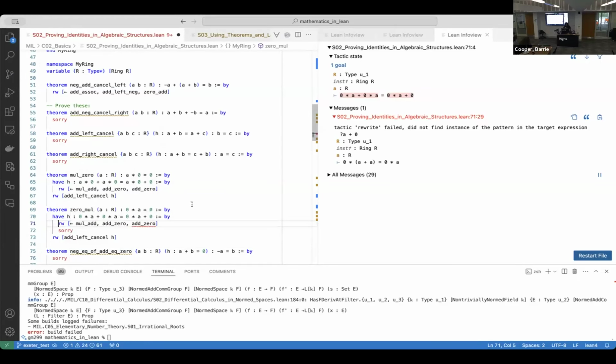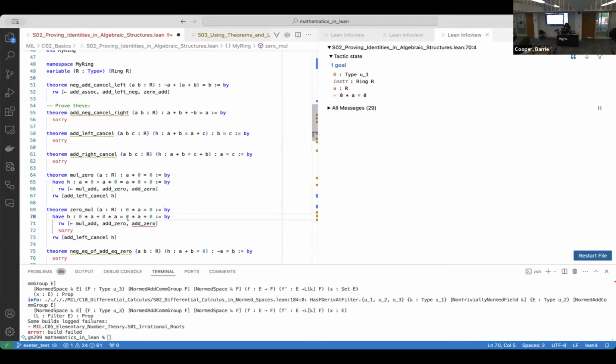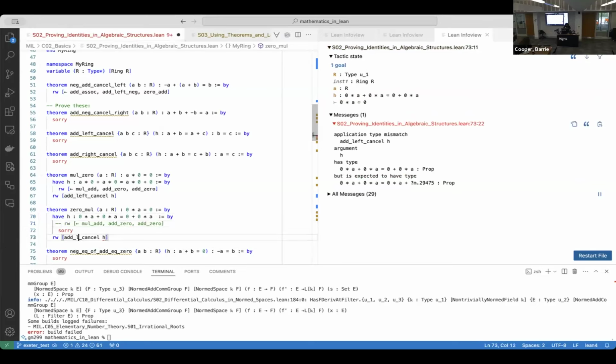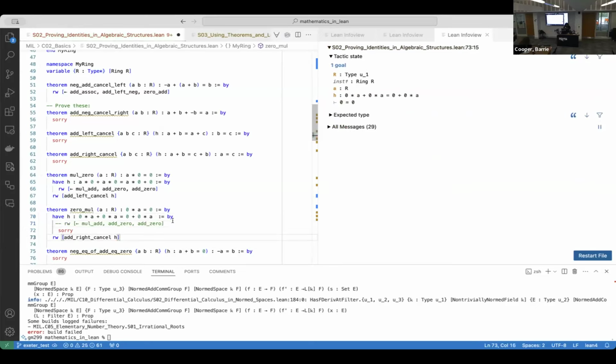So is there maybe a different auxiliary result you might want to try? 0 plus 0 times A to have a right function. Yeah, so we're going to have 0 plus 0. Okay, yeah. And we'll sorry that out. Okay, so that seems to work. So now let's try to fix up this argument.